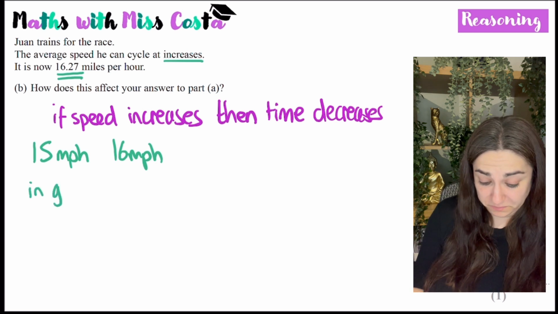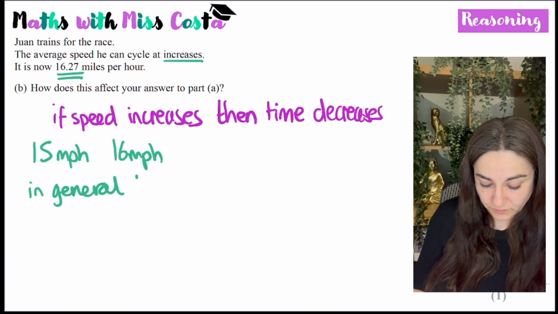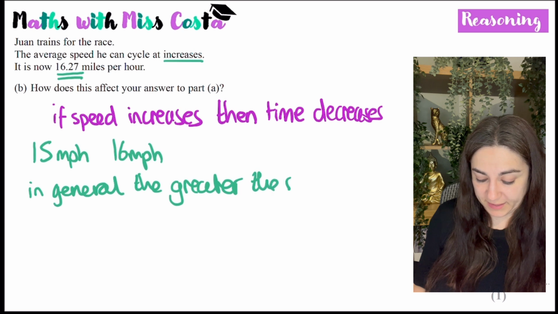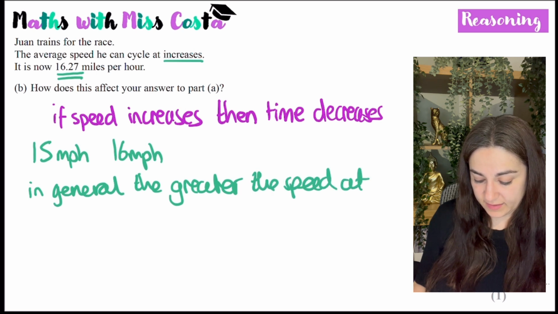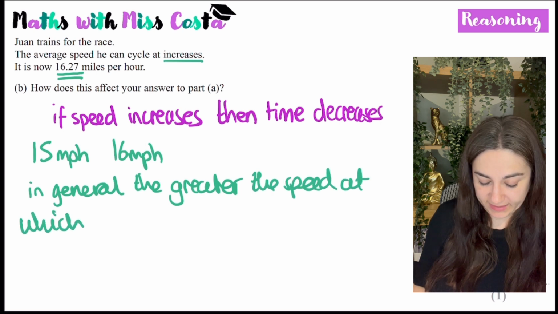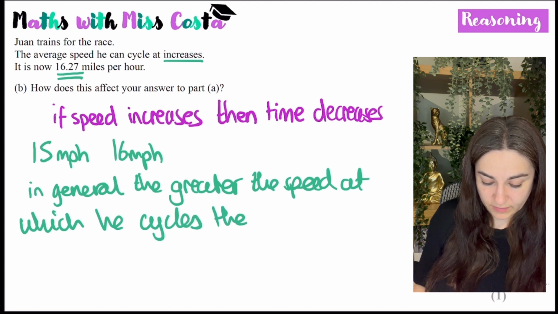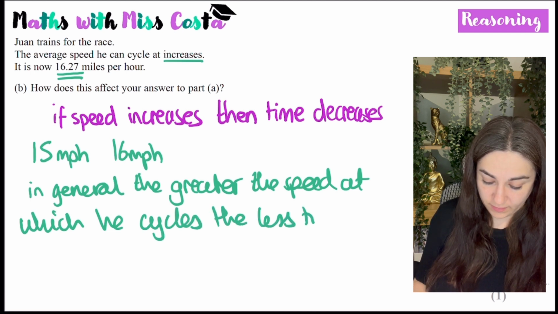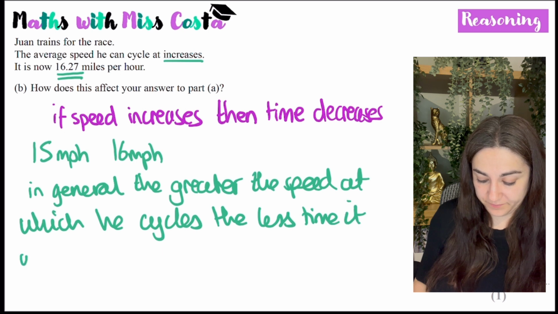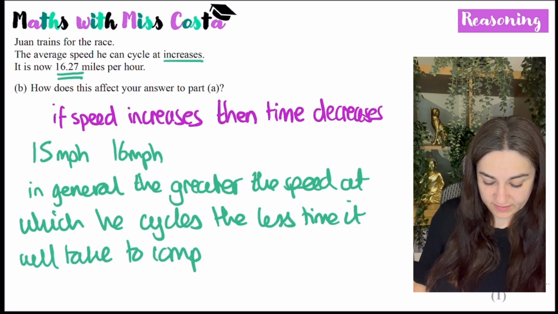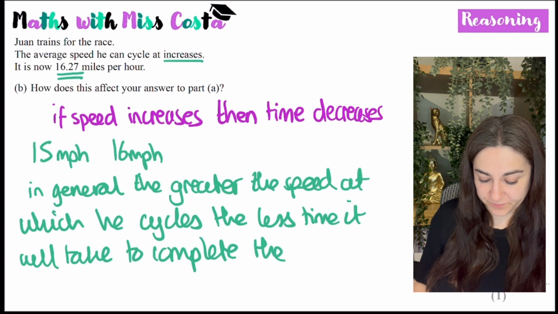So in general, the faster he cycles, so the greater the speed at which he cycles, the less time it will take to complete the race.